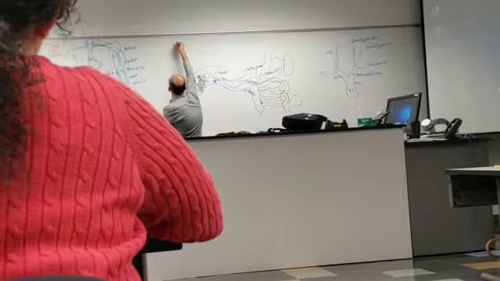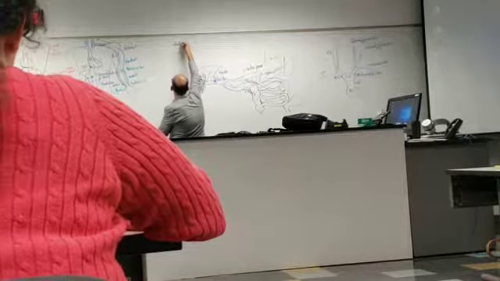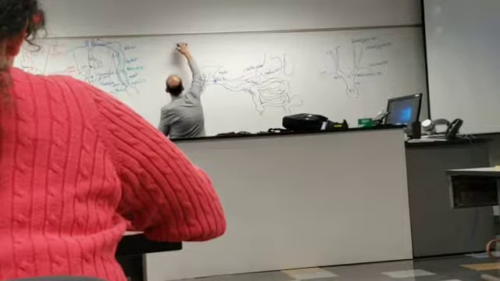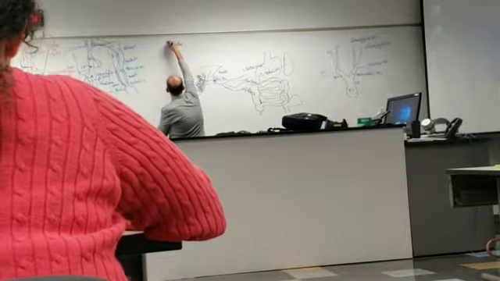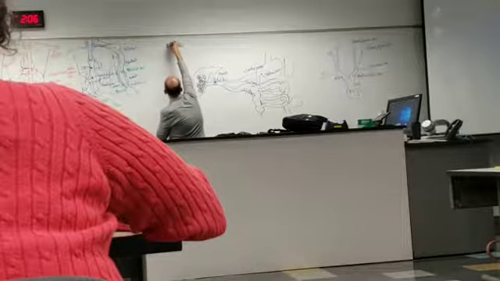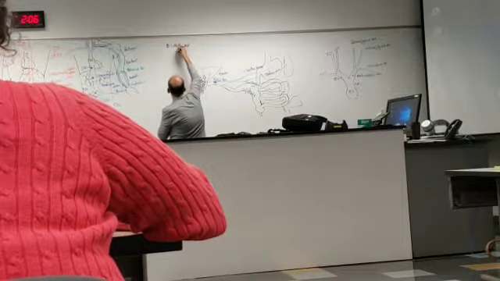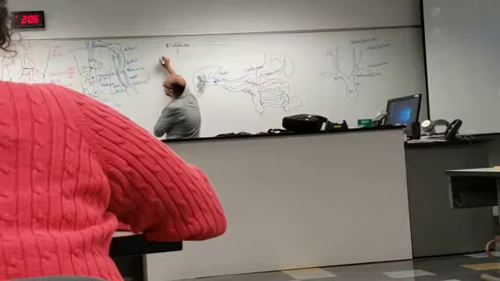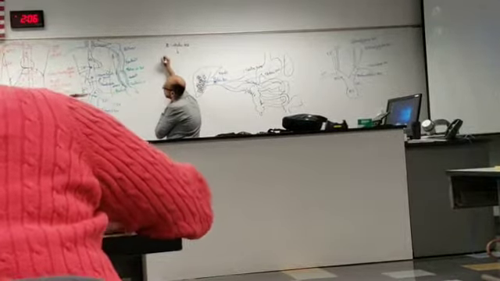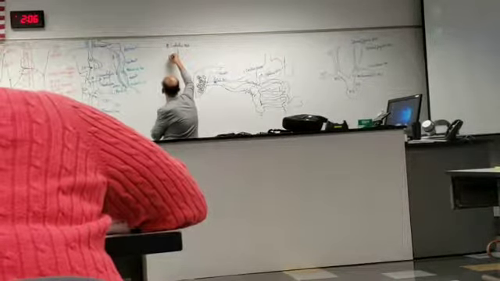cephalic veins. So I will start with an easy one, and then we'll go to more difficult ones. So we can start with right cephalic vein, and we're going to go to right dorsalis pedis arch.